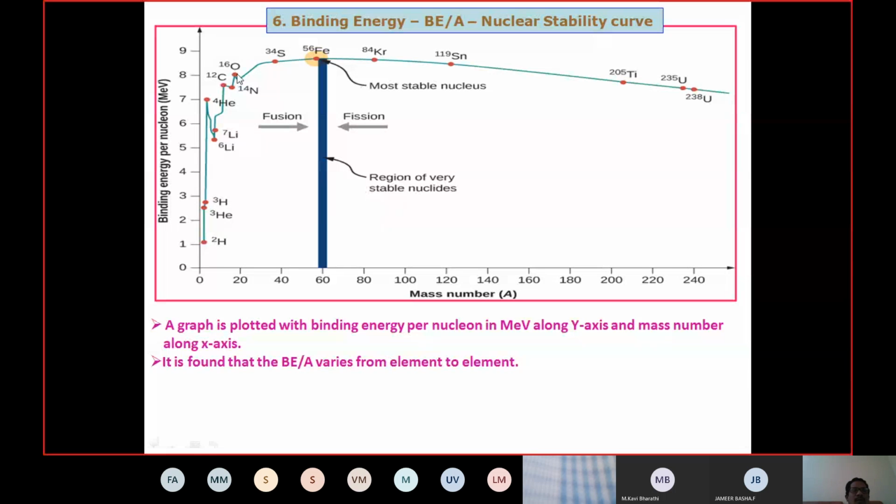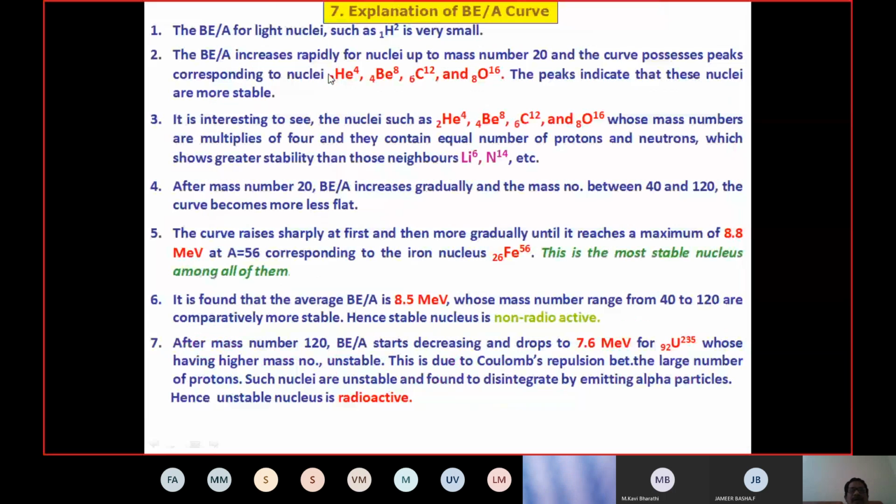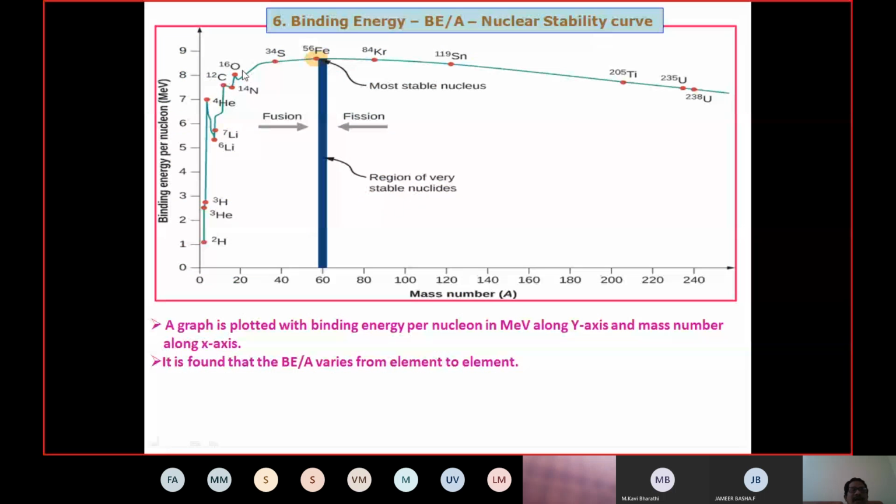We take one line at this mass number 20. The curve increases further and further, and possesses peaks corresponding to the nuclei helium, beryllium, carbon, and oxygen. These peaks indicate that these nuclei are more stable. So this is helium, this is carbon and oxygen, which are more stable than the neighboring nuclei.